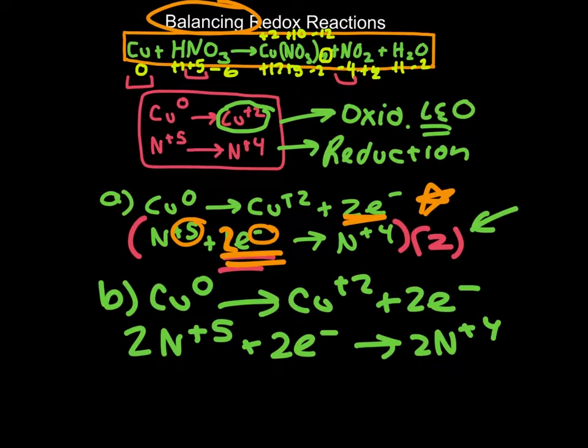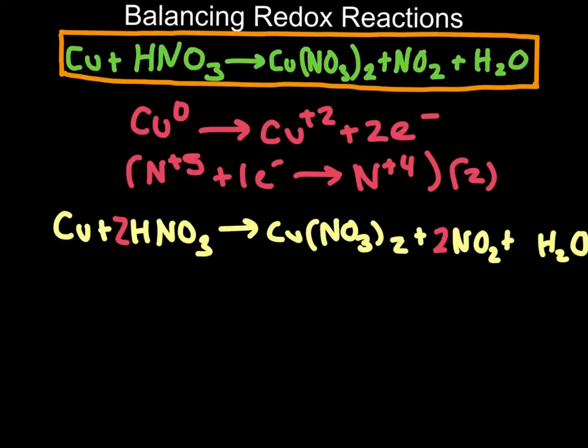So let's explain how this translates to balancing it now. Let me just rewrite everything. As you see, what I did here is I took that 2 and multiplied it by all the nitrogen compounds that we use. So this was from our N +5, I multiplied it by the 2 there. The 2 here from the N +4, okay?